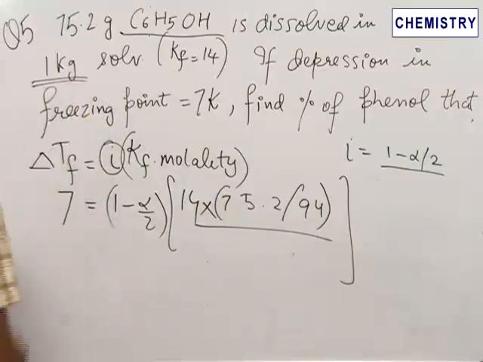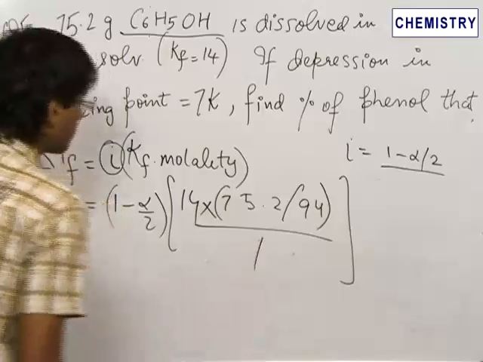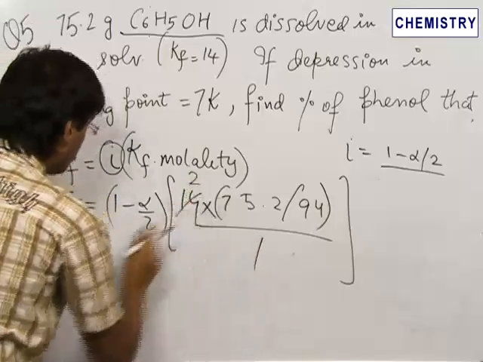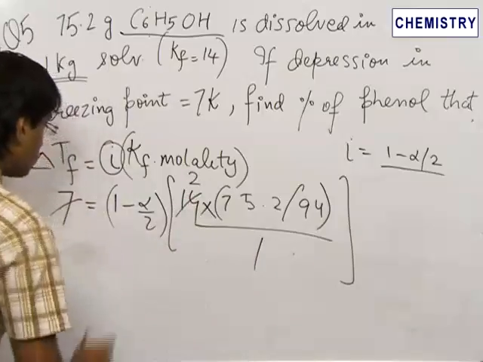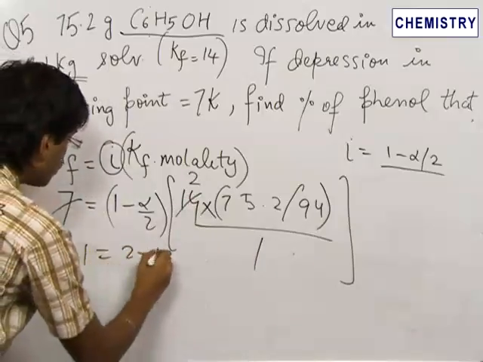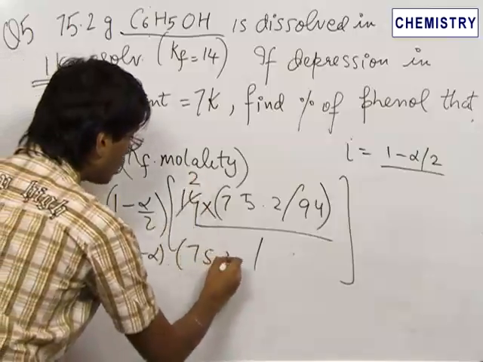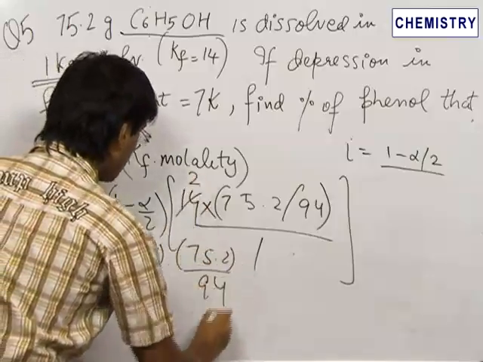It is given to be equal to 1 kilogram. The depression of freezing point was 7, so this 7 and 14 get cancelled. So this becomes 1 is equal to 2 minus alpha by 2, and 2 gets cancelled, into 75.2 divided by 94.